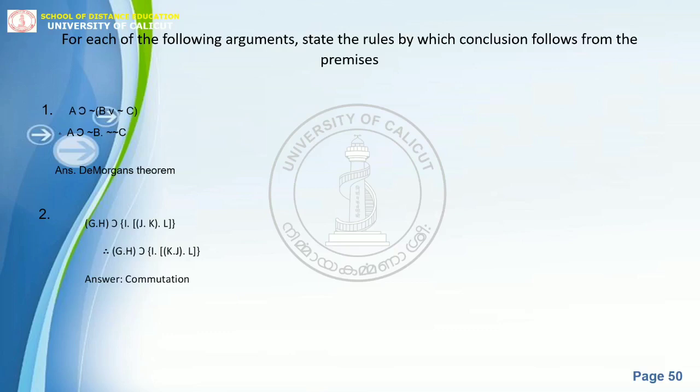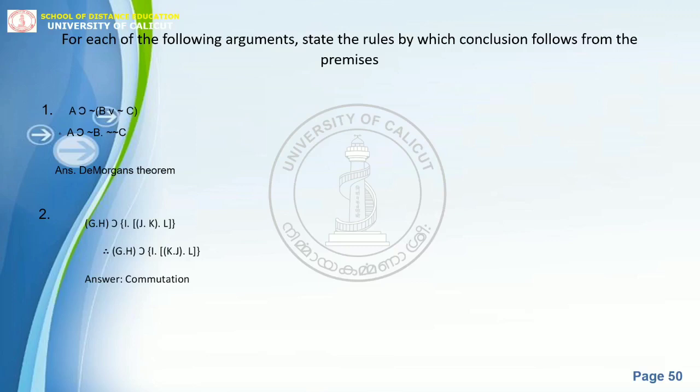Here we can find that in A implies negation B or negation C, the bracket can be opened, which means we are applying De Morgan's theorem. When the bracket is opened, automatically the disjunction is converted to a conjunction, and the negation is applied to C.